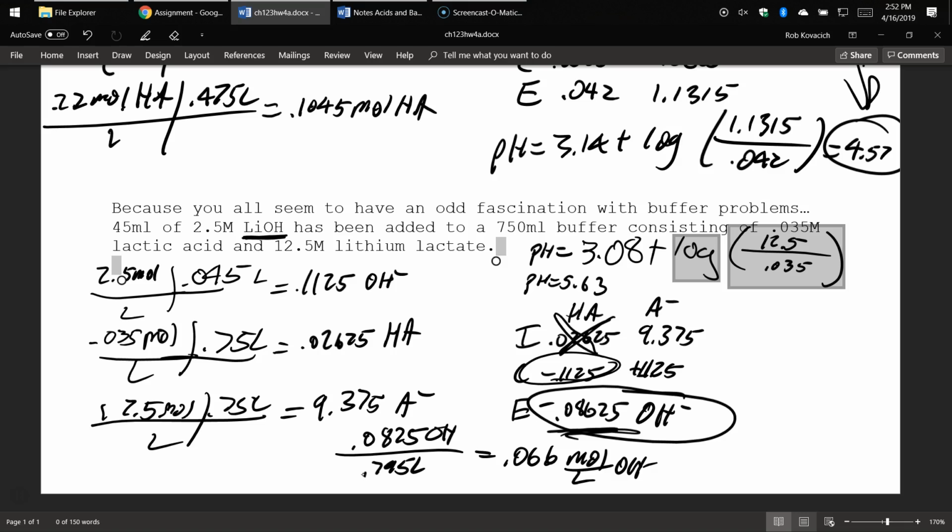So then if I take the negative log of that, that gives me a pOH of 1.18. So I have a pH of 12.7282.